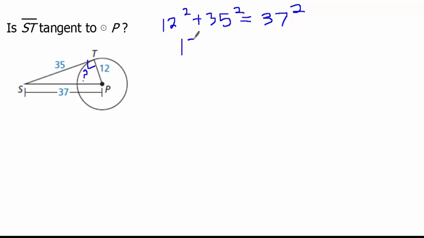So we have 1, 3, 6, 9 over here, and 37 squared is 1369. So I don't have to keep taking the squares, anything like that. I can just number crunch the left and right hand side, and then I can say ST is tangent.